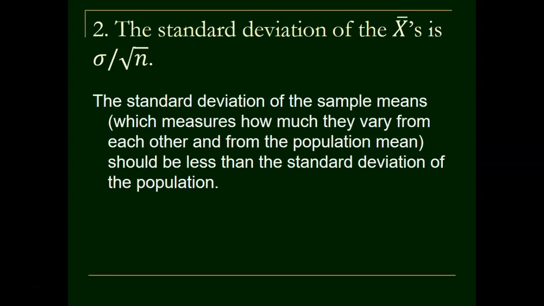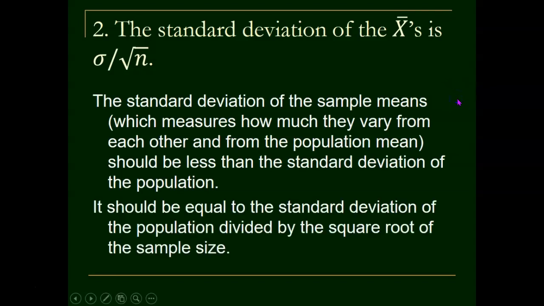That standard deviation of the sample means should be less than the standard deviation for the whole population, the standard deviation for the heights of the individual flowers. And in fact, it should be equal to the standard deviation of the population divided by the square root of the sample size. That's what that letter n stands for, the sample size. How many flowers are in each sample?